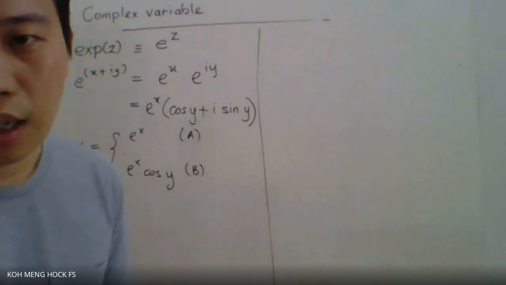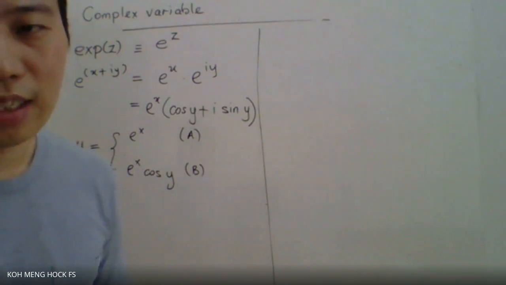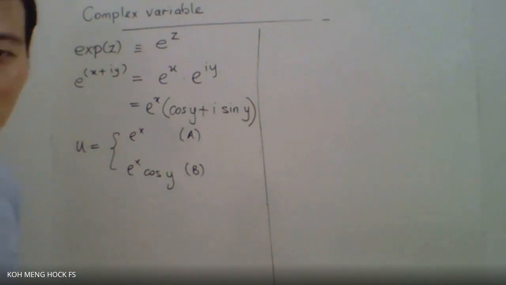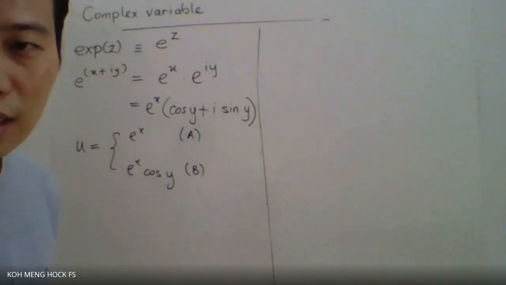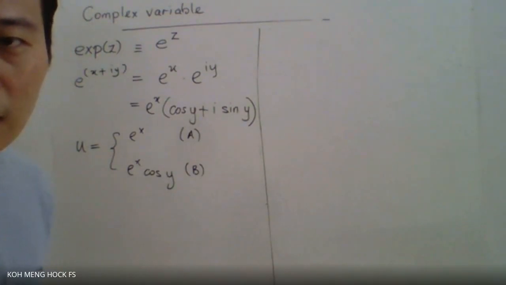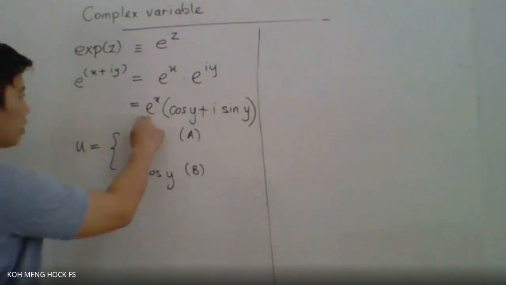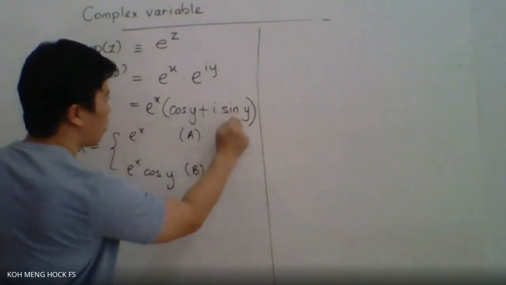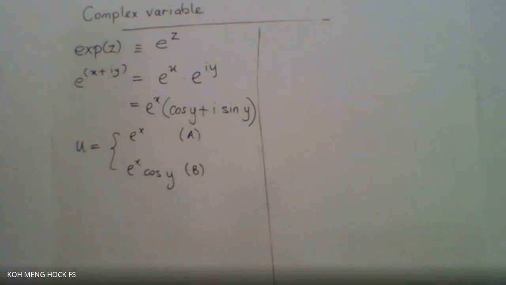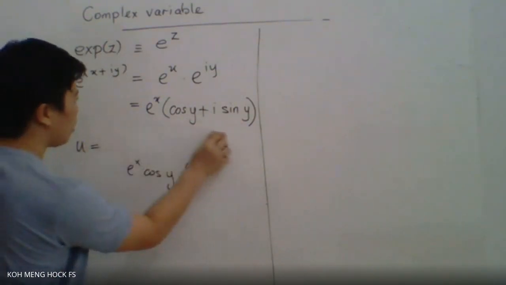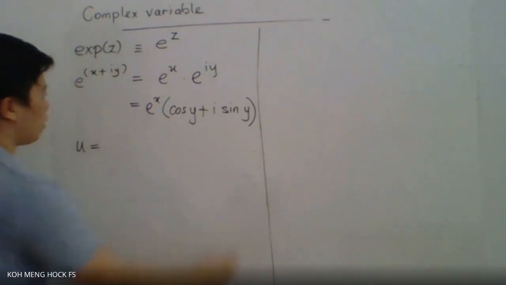Saya kata A. Saya kata C. Alright, so what about the others? So the real part, you must take this one multiplied by this one multiplied by this one. So the answer is B.